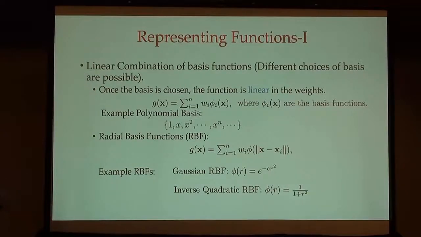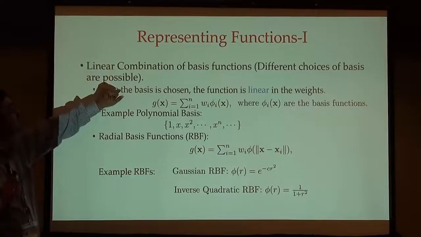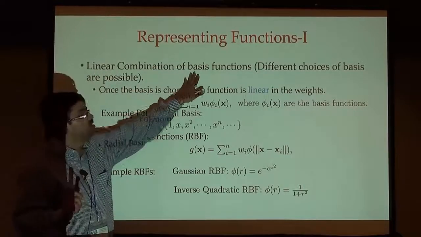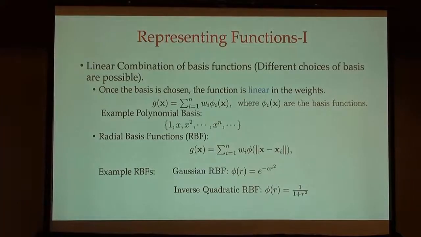So, okay, this is a very big topic by itself in functional analysis. What I'm trying to give is a very broad overview, which I hope you can relate to. Okay? So one of the things that is possible is to represent a function by a linear combination of basis functions, and an example that all of you know is polynomials, right?